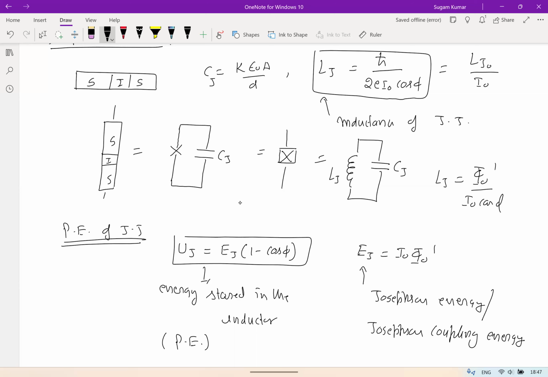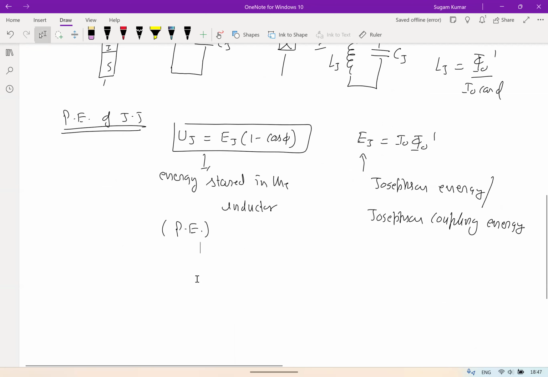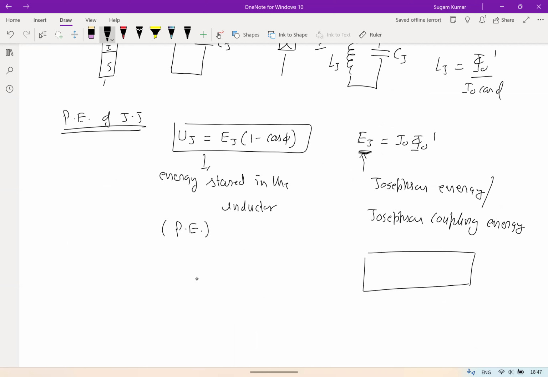Further, I mentioned that this EJ arises due to the overlap. Okay, you can see the overlap: inductor, insulator, superconductor. So the Cooper pairs are going to move, not tunnel.